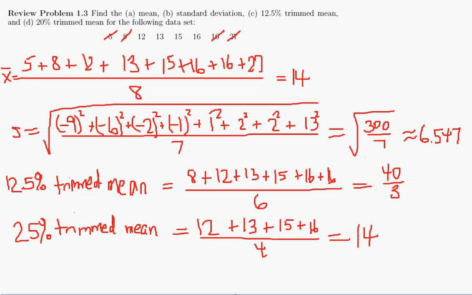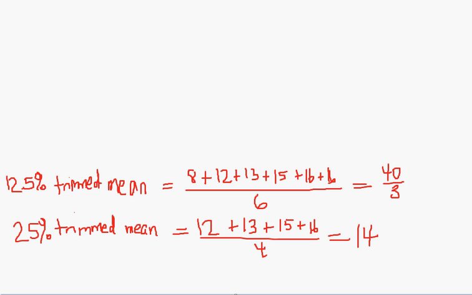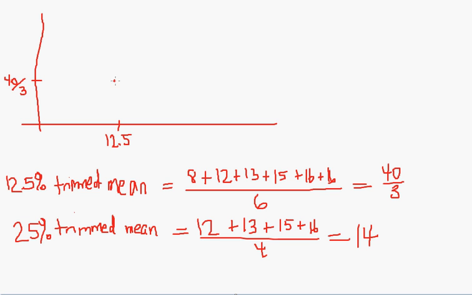So let me clear off the top of the screen here. To get the 20% trim mean, essentially what I need to do is find the line that connects these points and then find the coordinate that matches. So let me demonstrate this. Here the 12.5% trim mean occurs at 40 thirds, whereas the 25% trim mean occurs at a slightly different y-coordinate of 14.